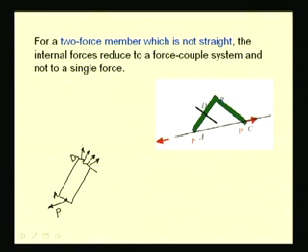That means, the resultant of these forces should balance the force as well as the moment due to this force P. So, let us draw the resultant of these internal forces at D.